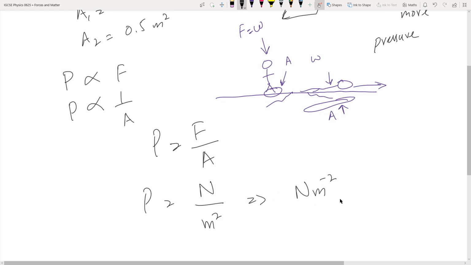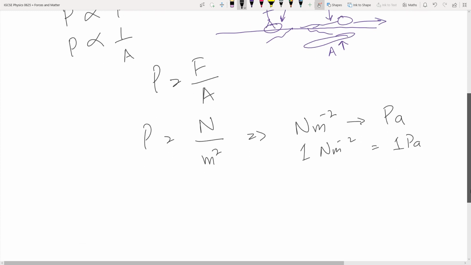That's the unit for pressure, and this is further translated as pascals. So we can say 1 newton per meter square is equal to 1 pascal. And 1 pascal is a very small amount of pressure. It's not much. We do understand that air has a lot more pressure than this.